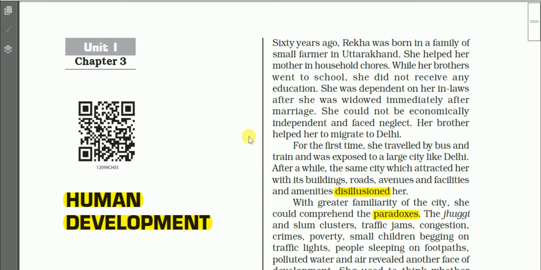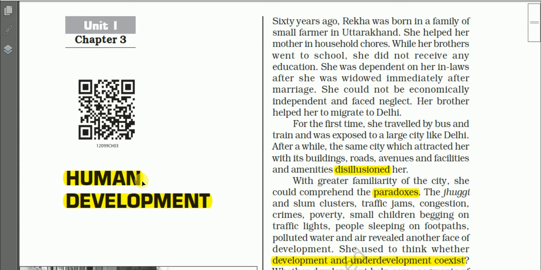So, here we have Chapter 3, Human Development. This is with special reference to India.